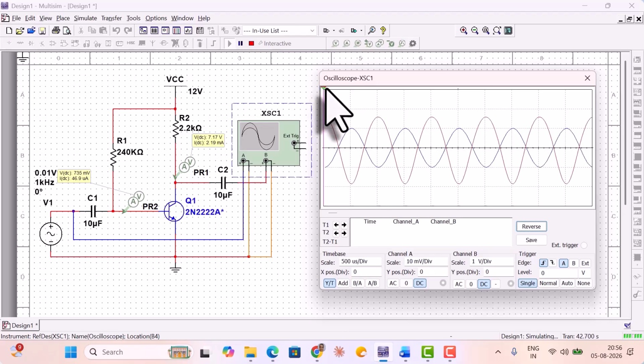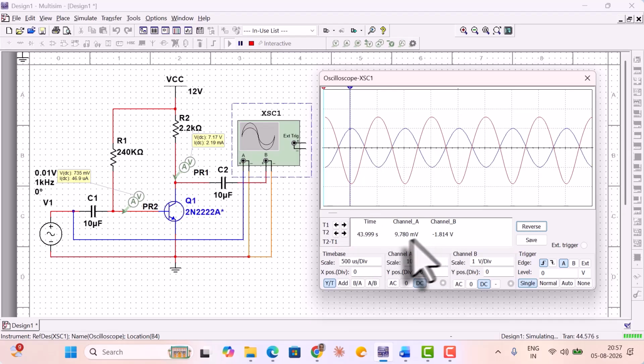Now let me move the marker here. Look at the values displayed here. The input value is 9.78 millivolt and the output value is minus 1.814.